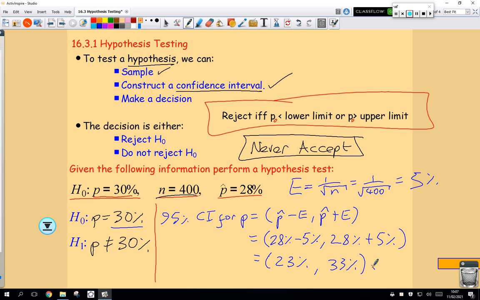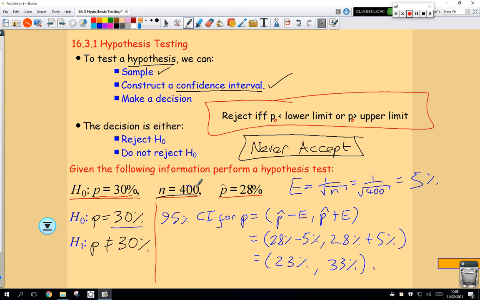A quick reminder about confidence intervals: there will be an extraordinarily huge number of samples of size 400 that can be taken from a population. From every single one of those samples a 95% confidence interval for the proportion can be drawn, and 95% of those intervals will contain the true population proportion, which means 5% of them will not.